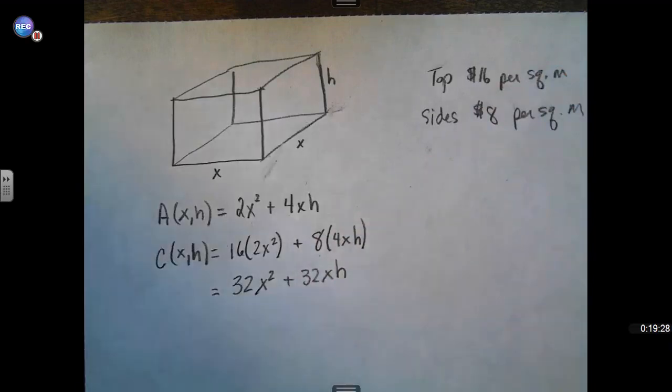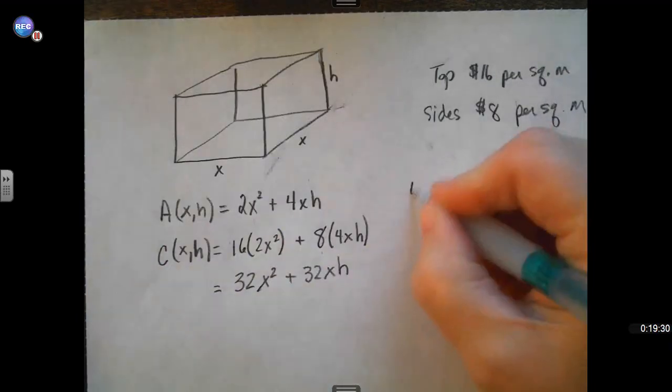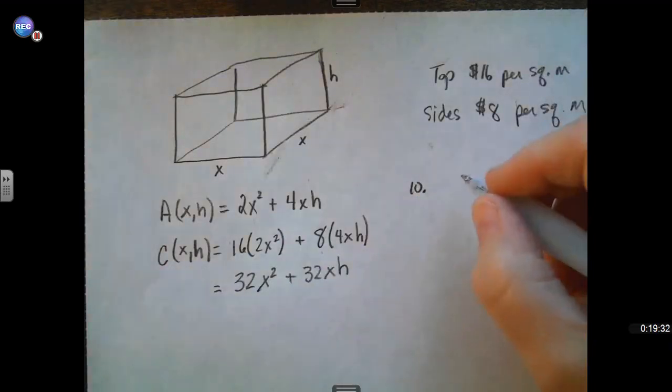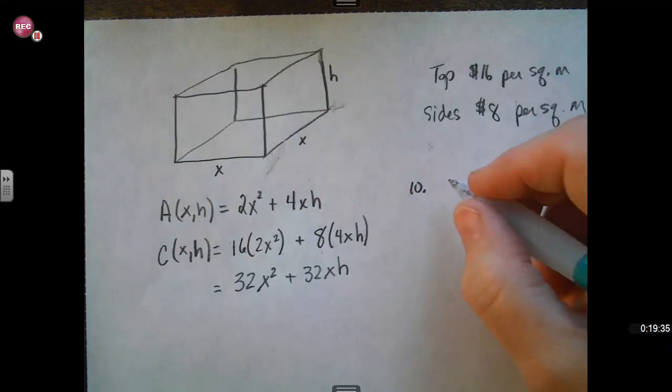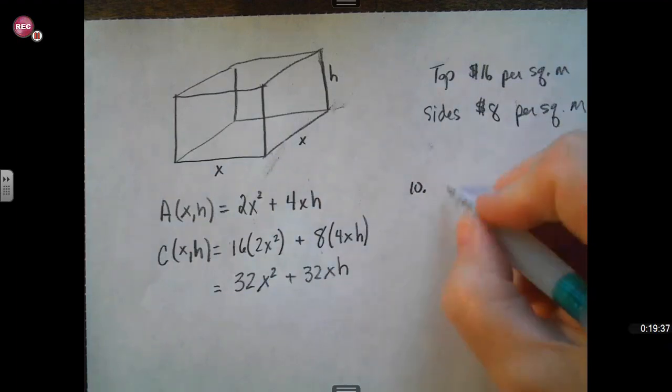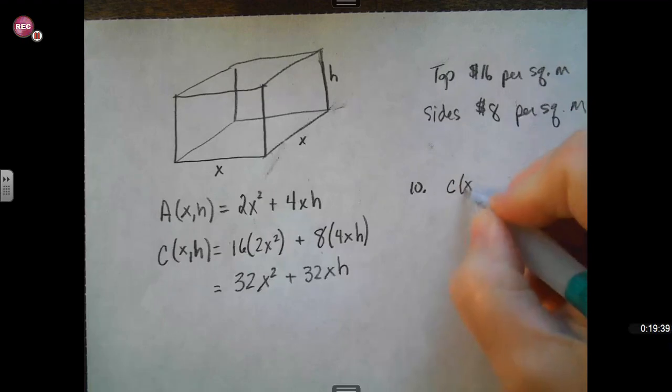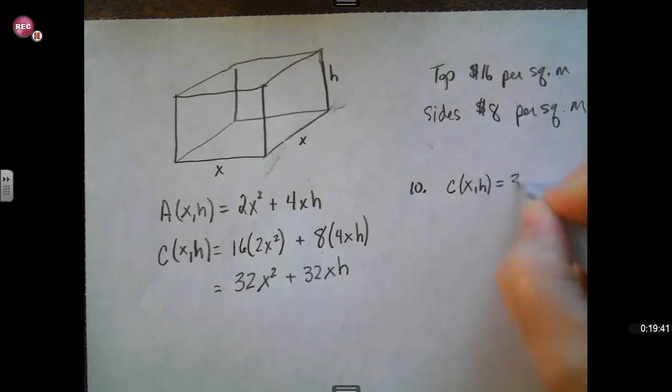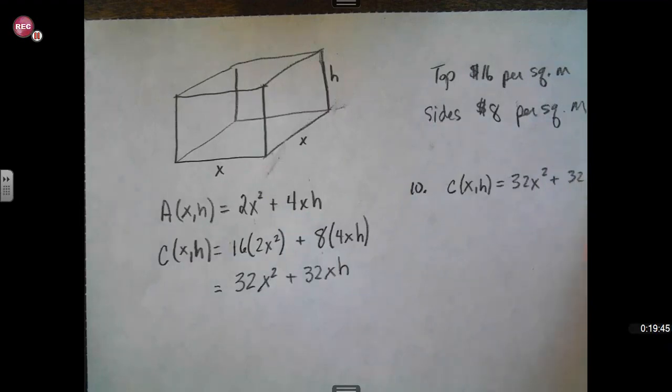For number 10, it says express the cost of the material for the box as a function of x and h. Well, that's what we just figured out: 32x squared plus 32xh. And then if the volume of the box is 8 cubic meters, express the cost of the box as a function of x alone.